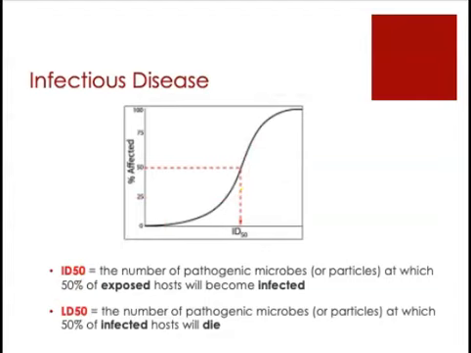If you think about individual infectious diseases and the pathogens that cause them, you can really see the difference in ID50. For example, for the norovirus, it takes exposure to about 14 virions, 14 viral particles, for 50% of exposed people to become infected, to develop norovirus-associated disease.